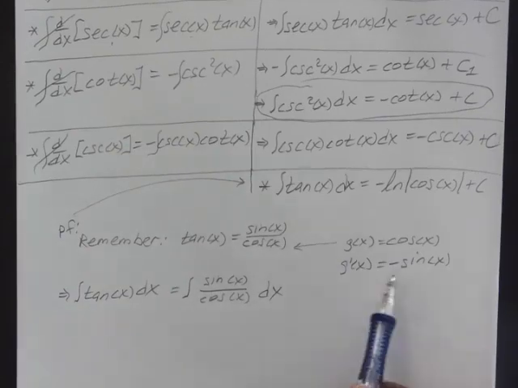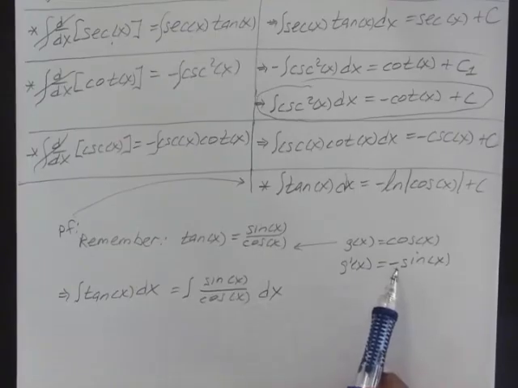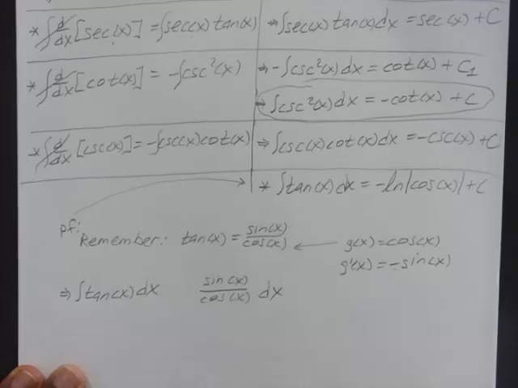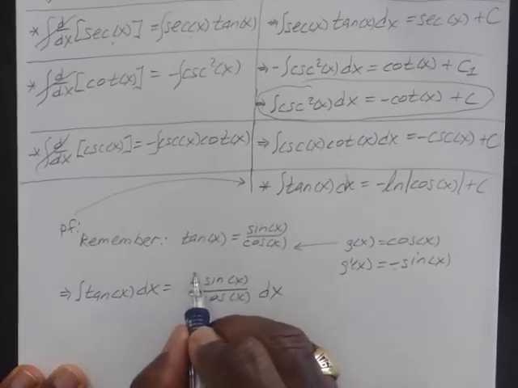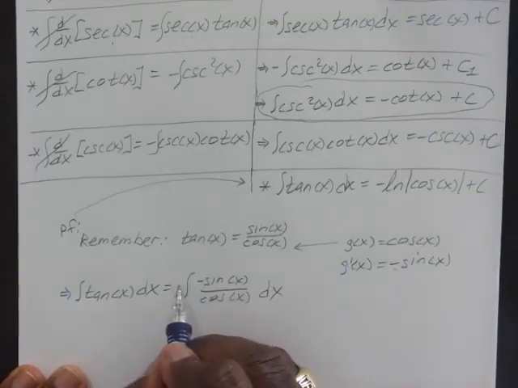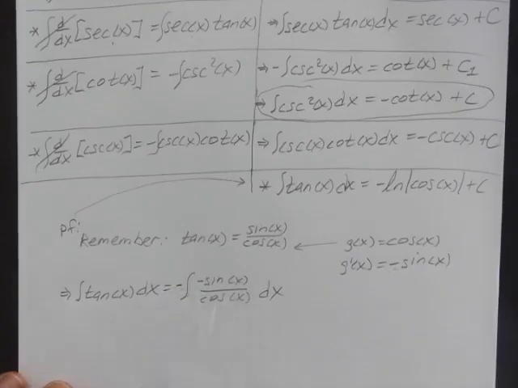Now, the only thing is, for this to be g prime of x over g of x, this would have to be negative. So we can't just randomly put some negative in there. So we'll put a negative here, and to counter that, we'll put another -1 here. So -1 times -1 is just positive.